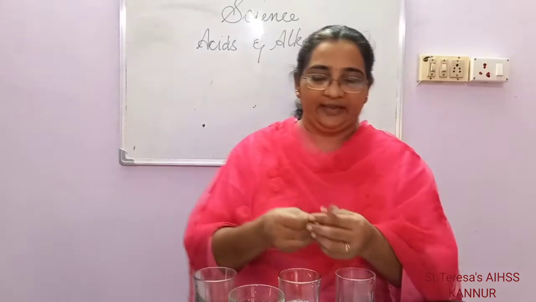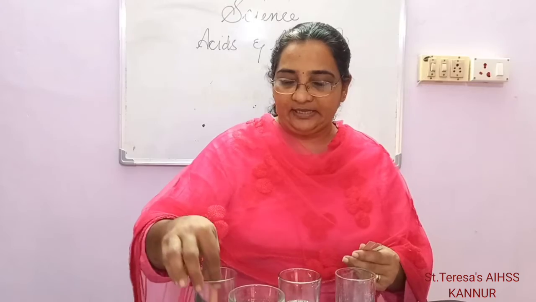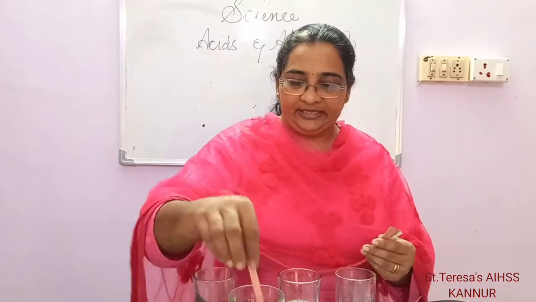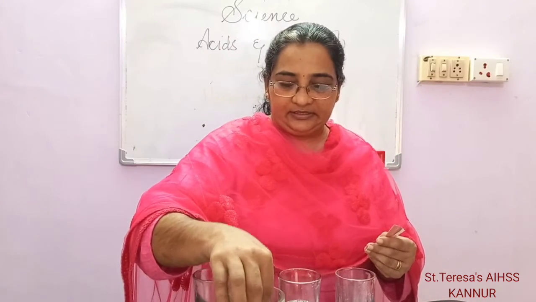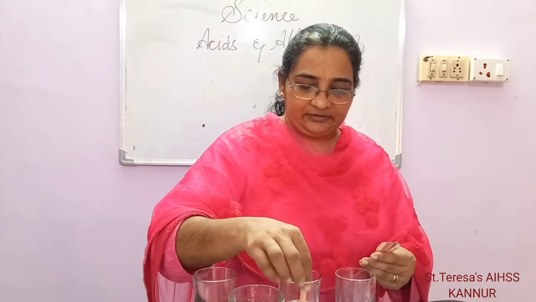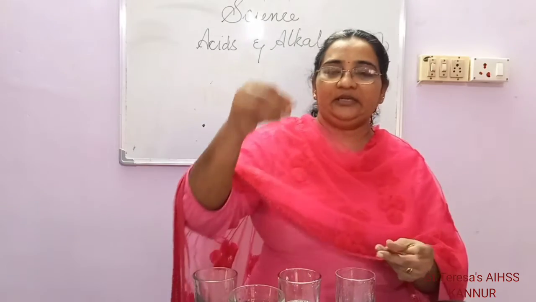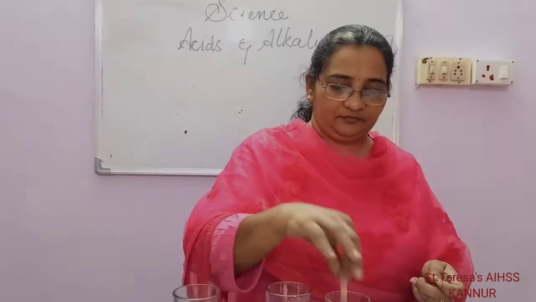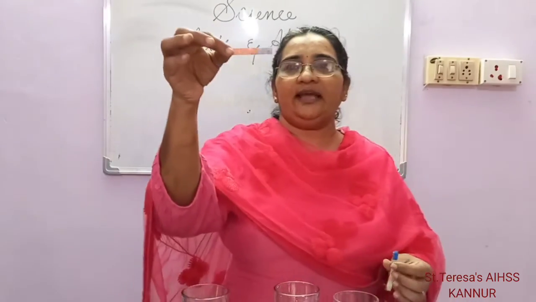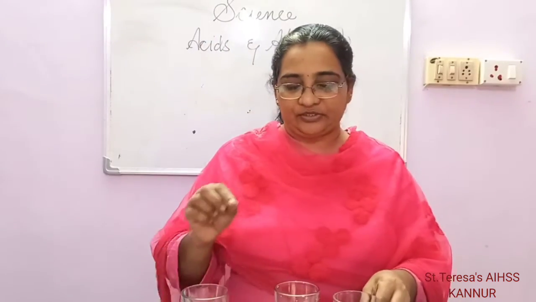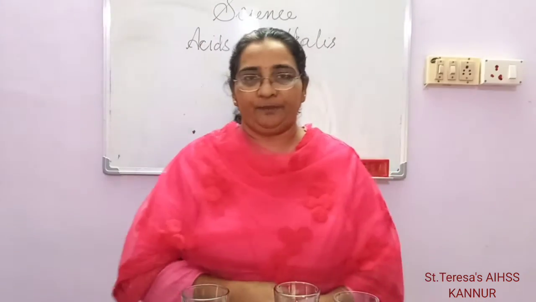So here again I am taking red litmus paper, dipping. Here you saw it changed into blue in soap water, it changed into blue, and in lime water also it's changed into blue. So here you saw a particular property, isn't it?